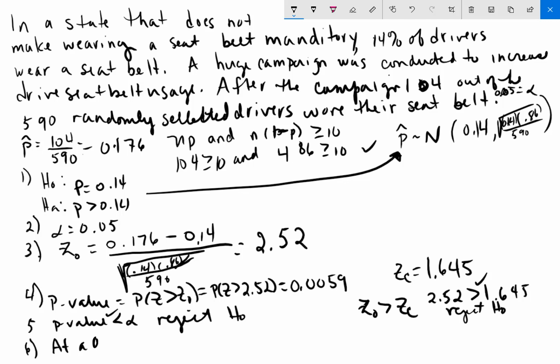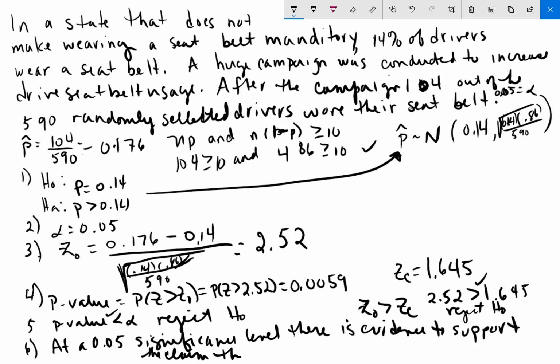So at a 0.05 significance level, there is evidence to support the claim the campaign worked to increase seatbelt usage. So that's how we do a right-tailed test.